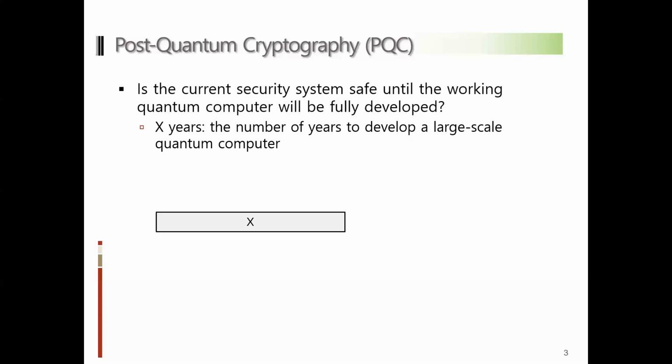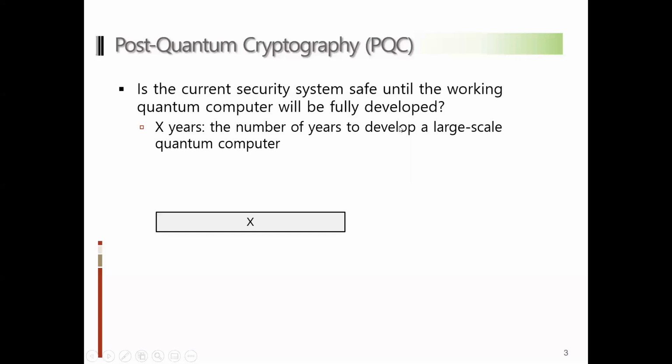That means that to develop a quantum computer which can break the current level of security, we need quantum computers with more than thousands of qubits. It will take a while until we can actually develop such a quantum computer. Depending on who you ask, it will be on the order of 10 to 30 years.